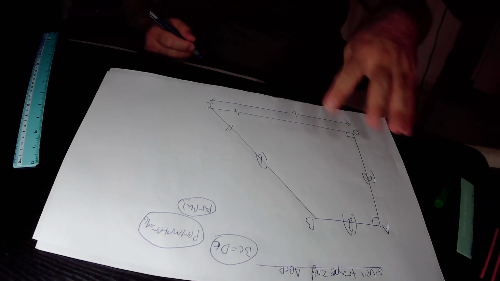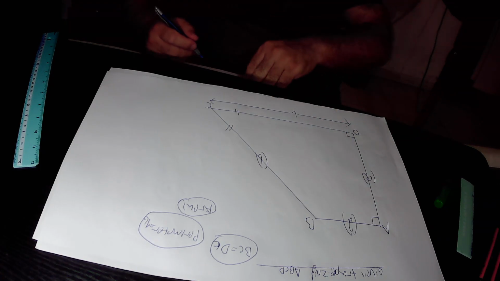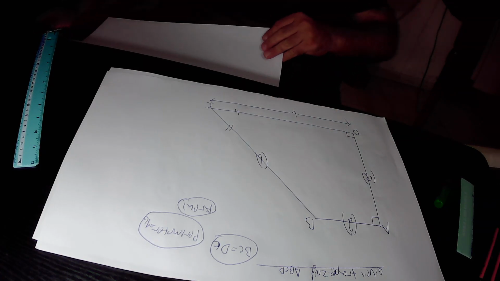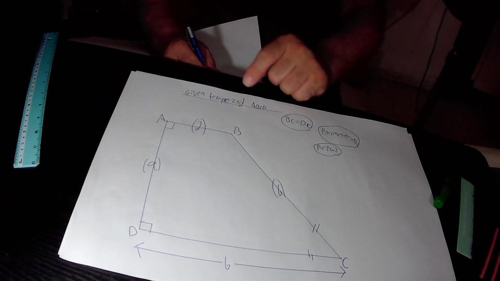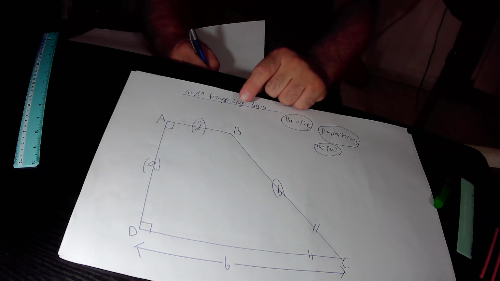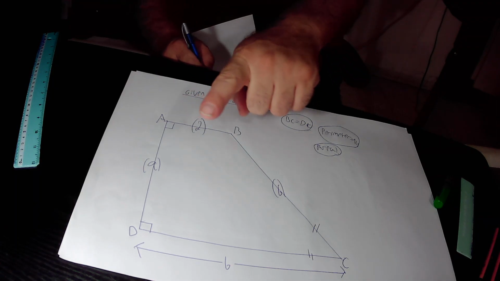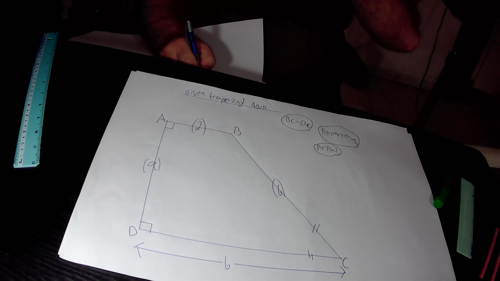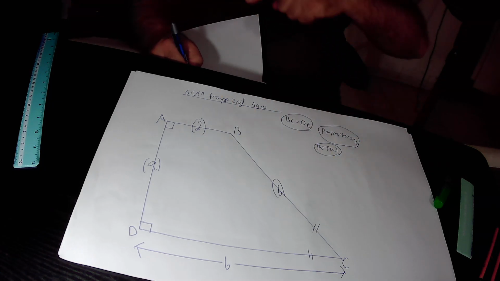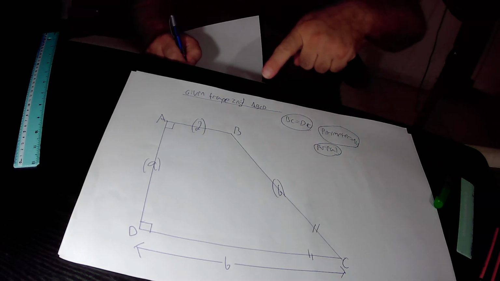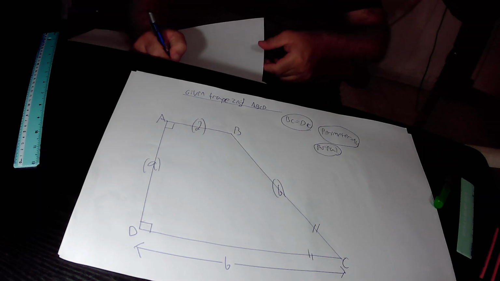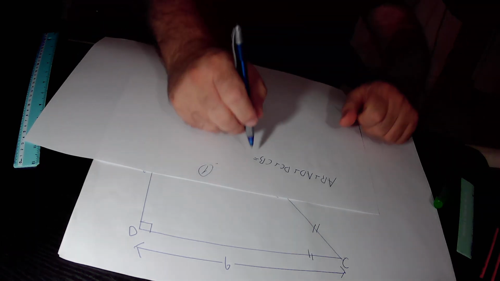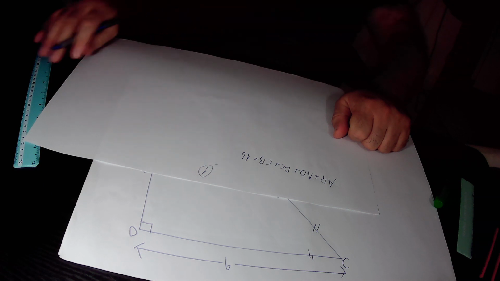So the perimeter of this trapezoid is 16 units. That is to say, AB plus AD plus DC plus CB is equal to 16 units according to what is given in the question.